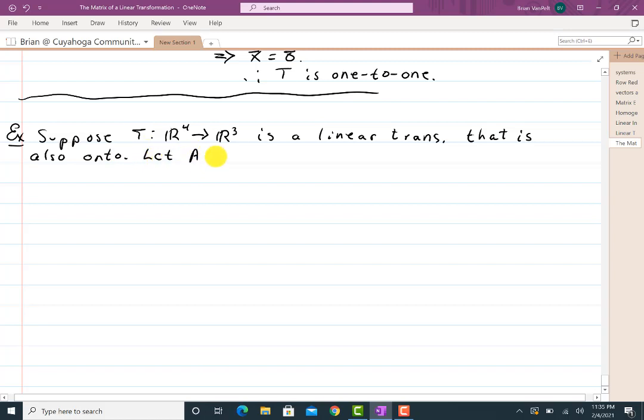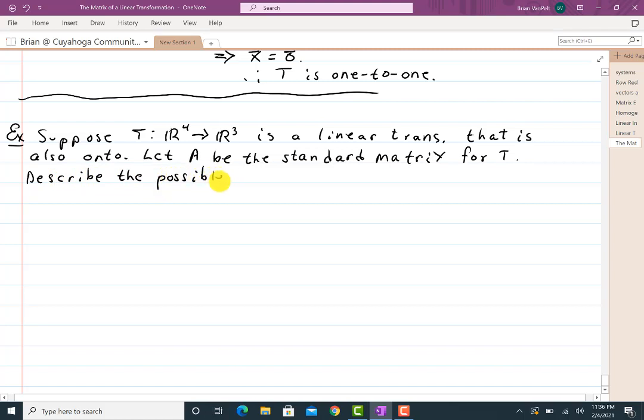Let A be the standard matrix for T. Describe the possible echelon forms of A.